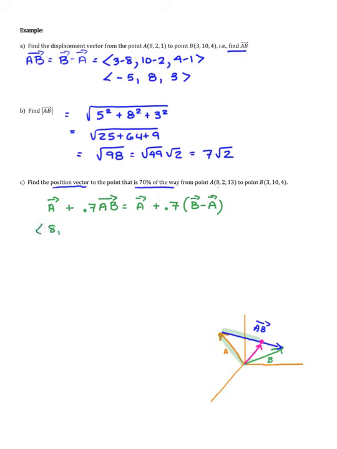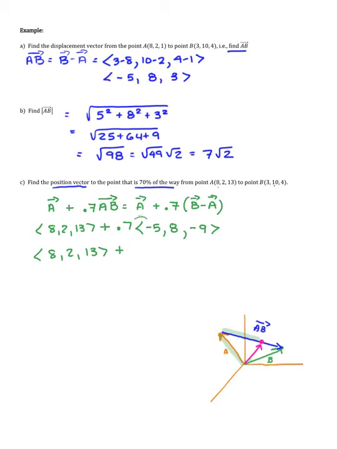So this is 8, 2, 13. That is getting added to 70% of, I made a little mistake here, this should be a vector, the vector B minus A. So 3 minus 8 is -5, 10 minus 2 is 8, 4 minus 13 is -9.